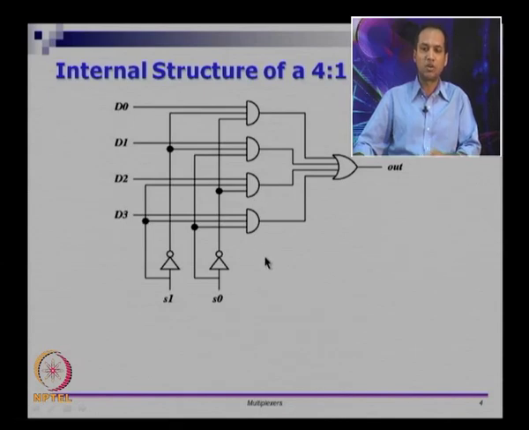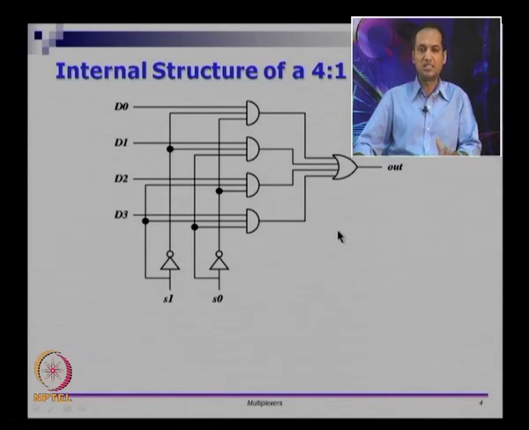You will see that exactly one of the AND gates will turn on, and that AND gate will copy the corresponding input to the input of the OR gate. So the OR gate will see 3 zeros and one data input, and the data input ORed with zeros is the data input itself, which you will see in the output. So this is the internal structure of a 4 to 1 mux.